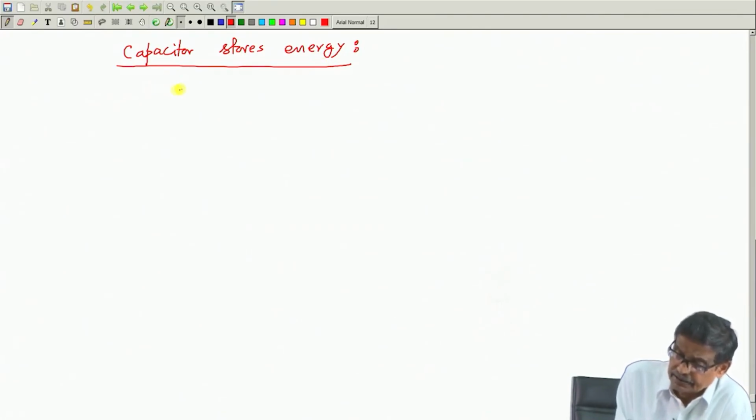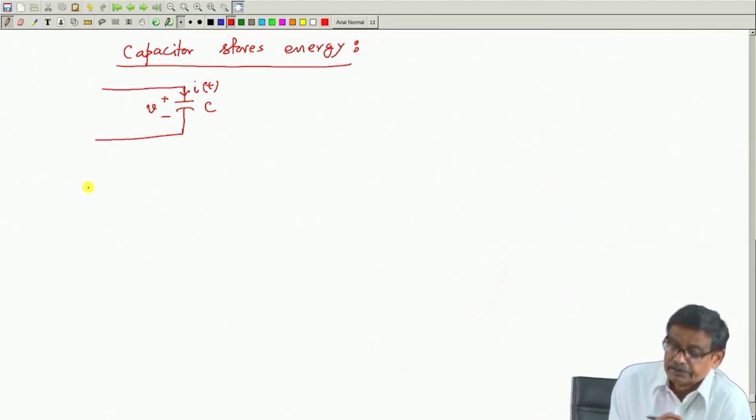It can be very easily done. Suppose you have a capacitor like this, and here you have connected it. Suppose the current flowing through the capacitor is i(t), with the polarity convention followed, and the voltage across the capacitor is V.